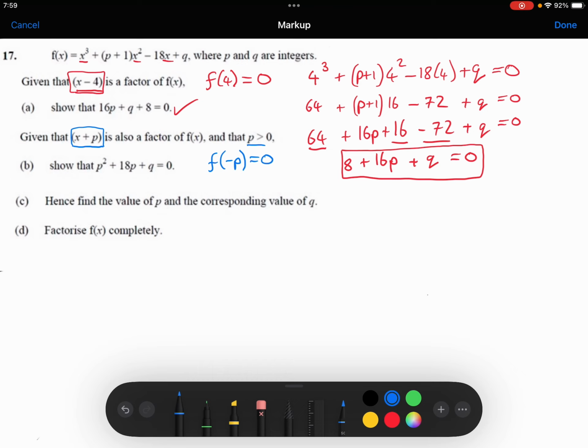So I'm going to substitute minus p here, here, and here. So I'll get minus p cubed plus p plus 1 times minus p squared minus 18 times minus p plus the q is equal to 0.